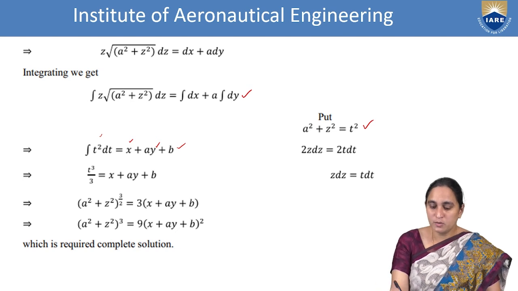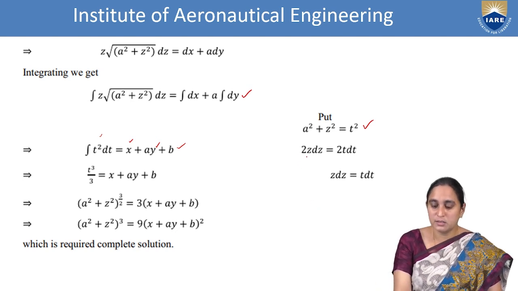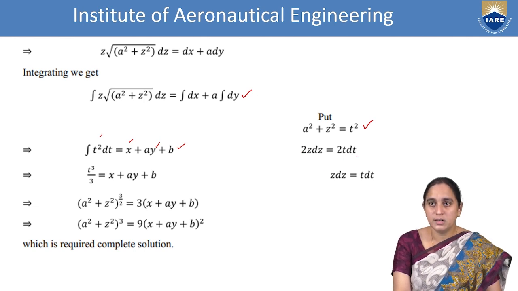Now differentiate with respect to t: 2z dz is equal to 2t dt. Here 2 cancels, so z dz is equal to t dt.